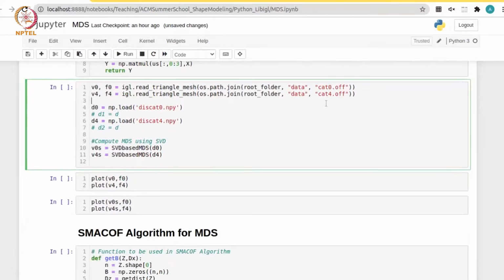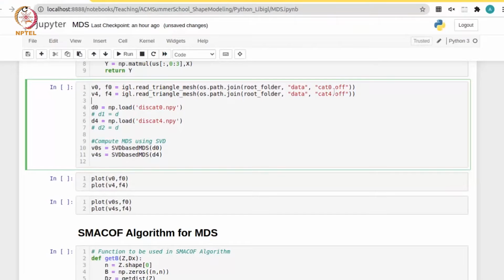Here there's one thing you need: the distance between all pairs of points in the two meshes. That's going to take a long time to compute. By the way, there's also an IGL inbuilt function that computes geodesic distances between points. So I just used it and I've computed the distance matrices for both these meshes.